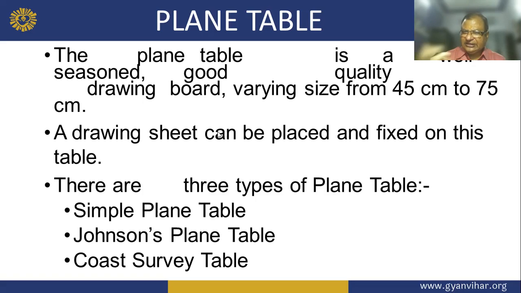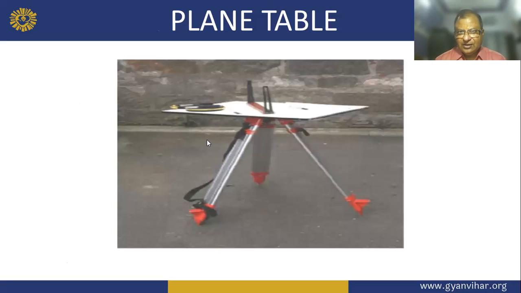There are three types of plane table: simple plane table, Johnson plane table, and coast survey table. This is the plane table. This is the photograph.